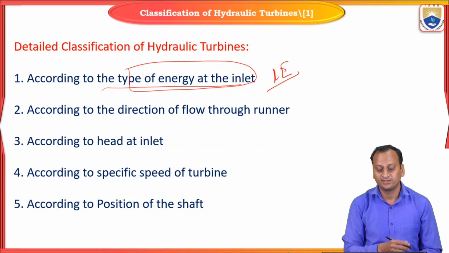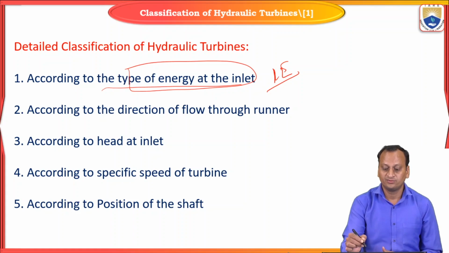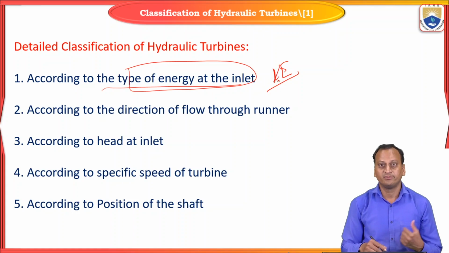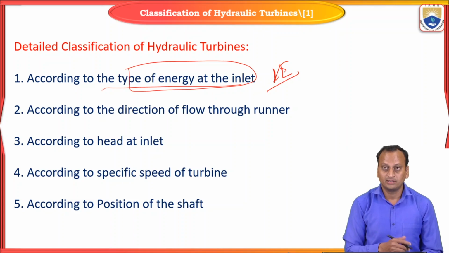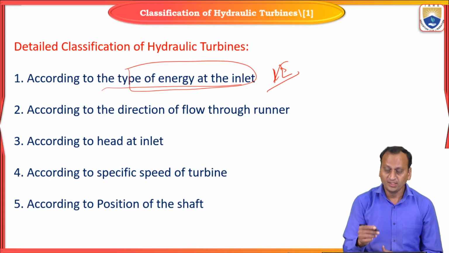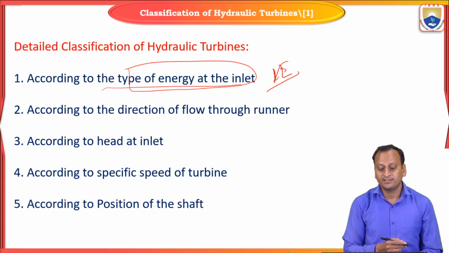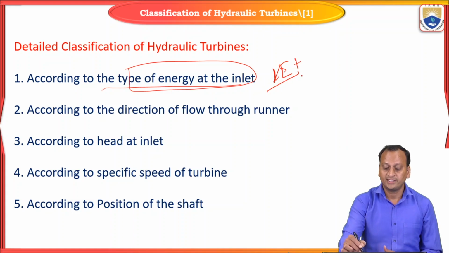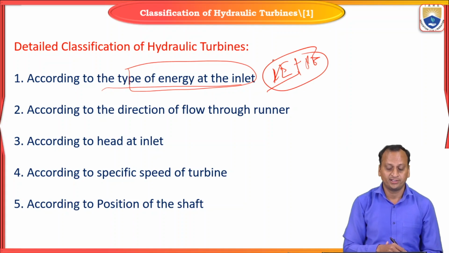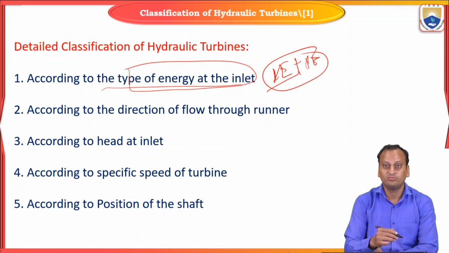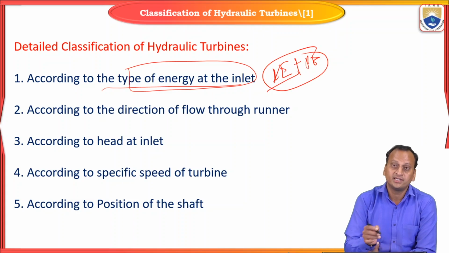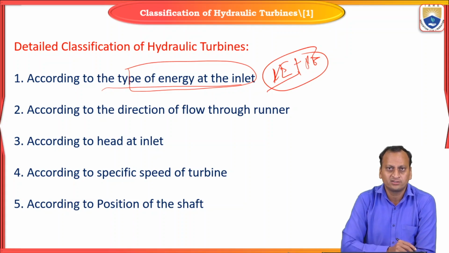The example is the Pelton wheel turbine, which uses only kinetic energy by converting the remaining energies into kinetic energy. But if the inlet energy comprises both kinetic energy as well as pressure energy, then it is known as a reaction turbine. Based on the available energy at the inlet to the turbine, we can say whether it is impulse or reaction.